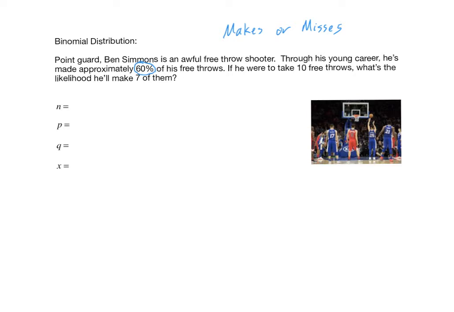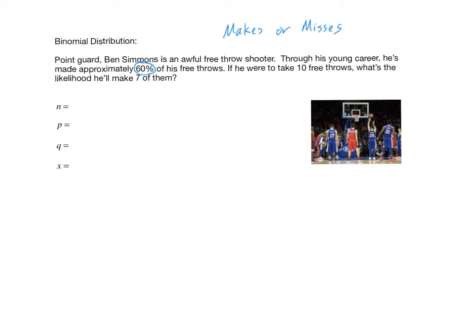Or if he's taken a lot of them, perhaps he's getting tired. But we're going to assume that each time he takes a free throw, it has a 60% chance of going in. So each trial has the same likelihood of success. Technically, all 4 conditions must be met, but the key thing that you really need to check is to make sure there's only 2 possible outcomes and that there's the same likelihood of success on each of the trials.